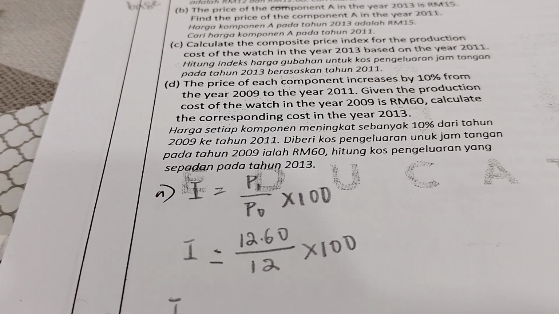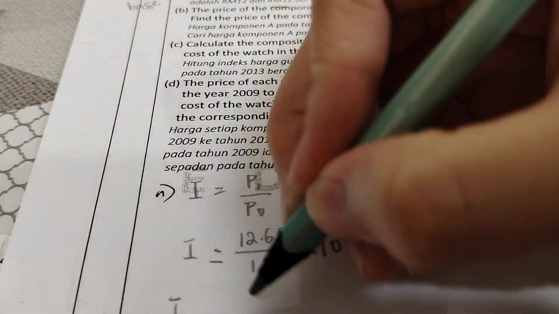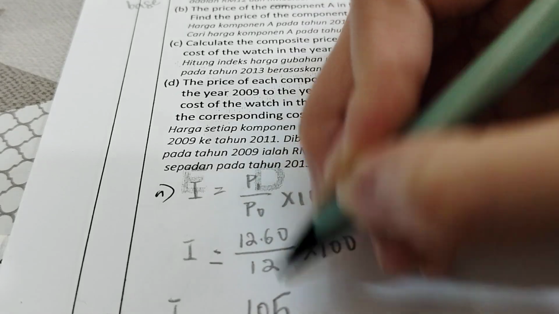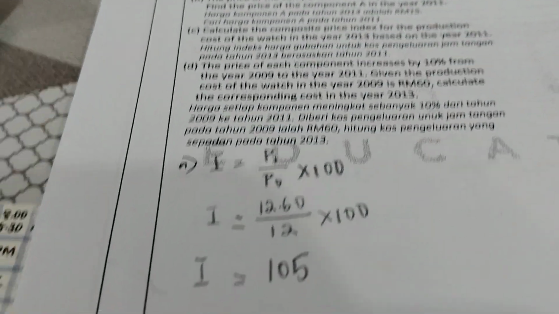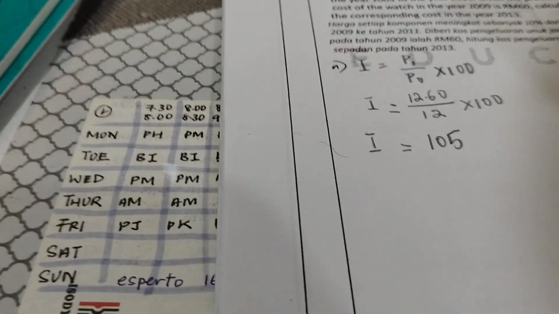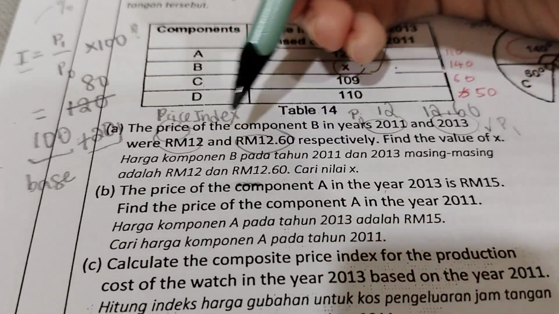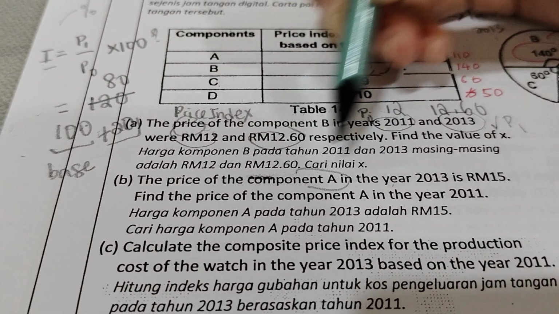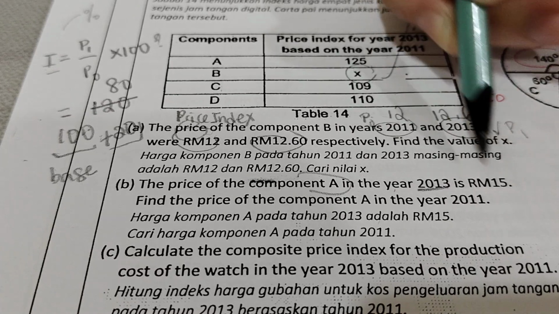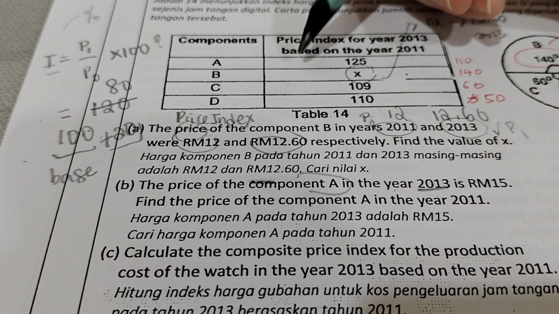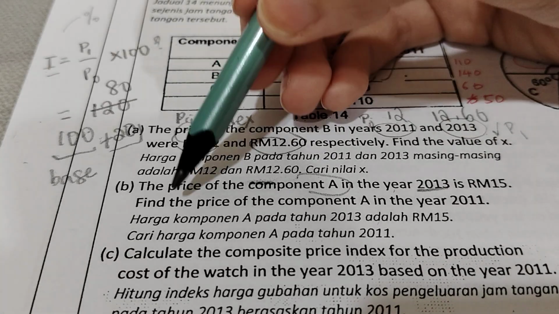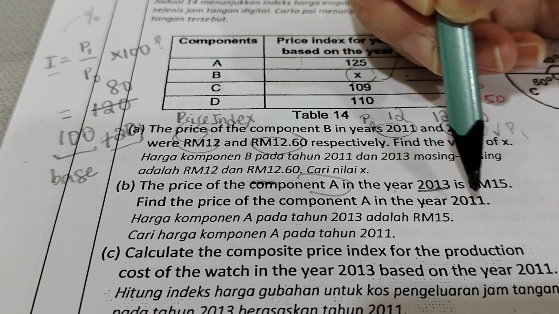This should be okay, you can't see it, but your final answer should be 105. Well, not really ringgit, the percentage. Now let's look at question B. The price of the component A in the year 2013 is RM15 here. Find the price of component A in the year 2011.